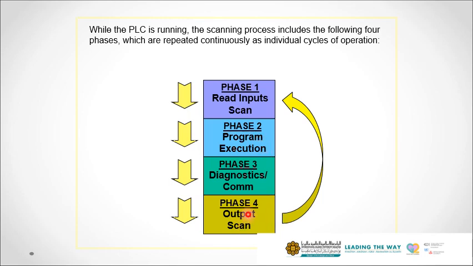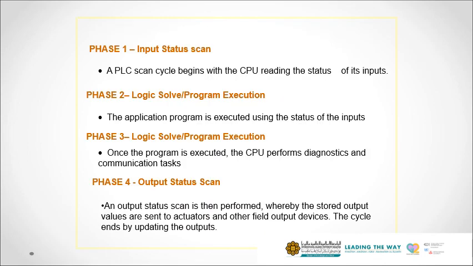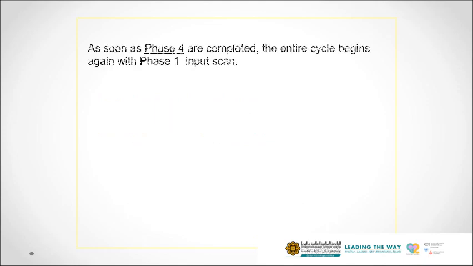Now, as you can see, it is not a really real-time system, it is a sequential system. We have to keep that in mind. So this cycle of operations has phases 1, 2, 3, and 4. What is the importance of this? This is what I explained in the earlier slide. Once phase 4 is complete, the entire cycle begins again with phase 1.